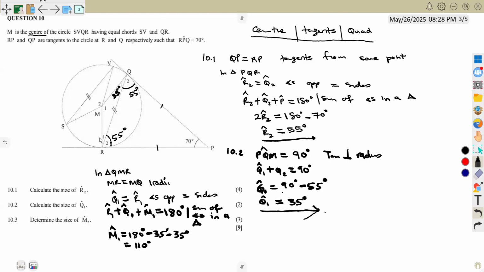But if we check, we are told that QR is equal to VS. And we know that equal chords subtend equal angles at the circumference as well as at the center. Therefore, we can conclude that M1 is equal to M2. What's the reason for that? Equal chords subtend equal angles at the center.